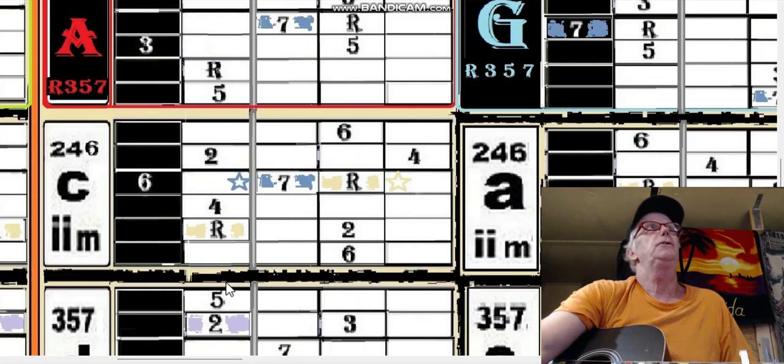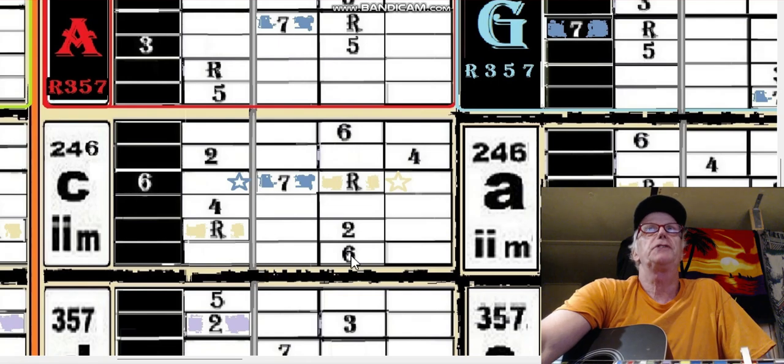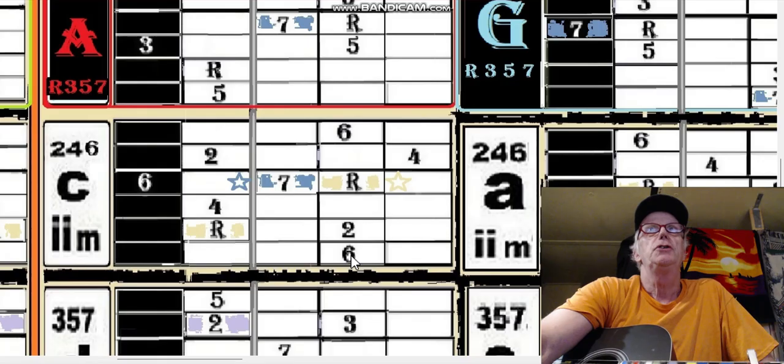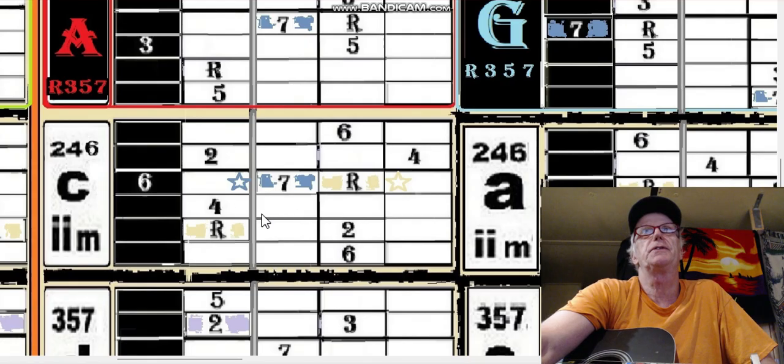Alright, so let's look at that chord. Remember, we can't just get away with the C minor shape. 6, 2, 4, there's the E minor shape, that second inversion. Remember we had 5, root, 3, but now 3 is the 3 of the second minor.